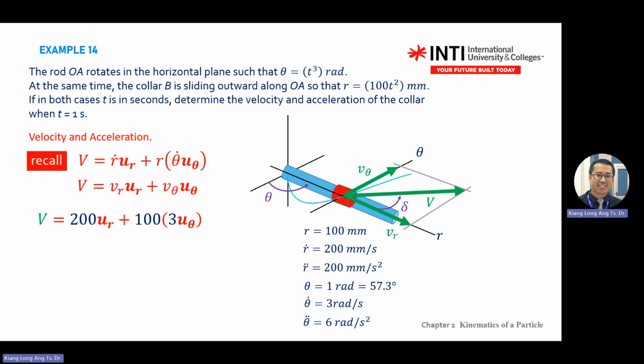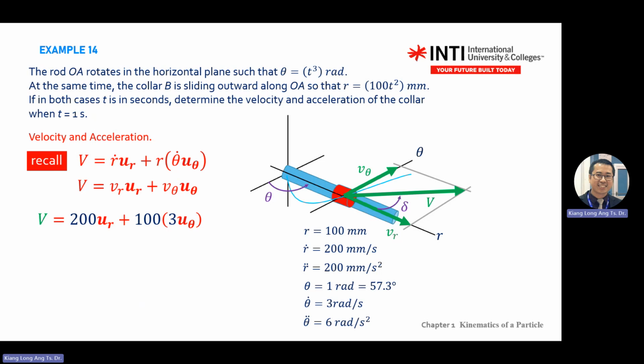vr we already found. vr is what? r dot. Where is this one? Put the 200 here. Continue to write ur. Why is this a vector? A vector has magnitude and direction. Your v has two components, the r component and the theta component. Substitute: r is 100.